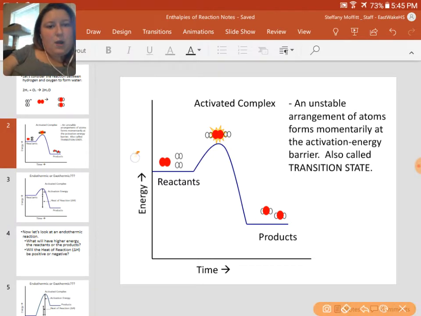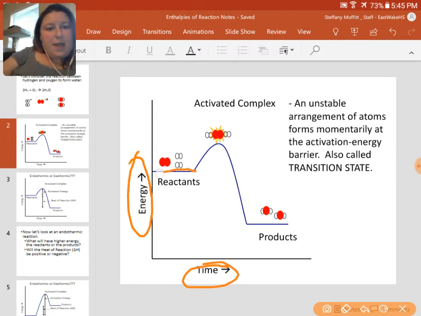Our y-axis will be energy, and the x-axis will always be time. Your reactants will always start on the left, and you'll always have products on the right-hand side. And you'll always have this bump here, and that has to do with the amount of energy it takes for that reaction to occur.